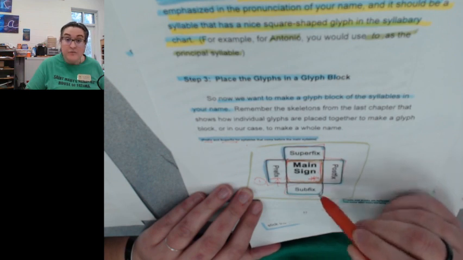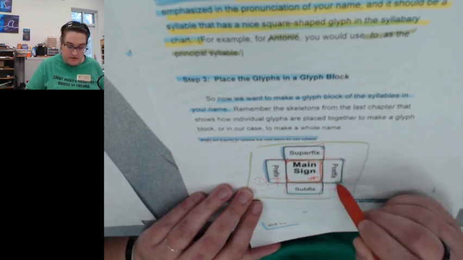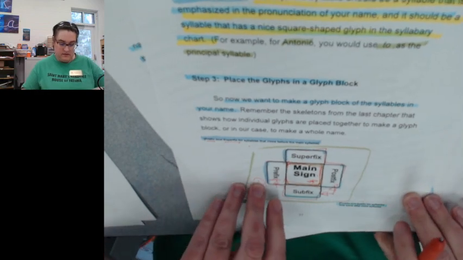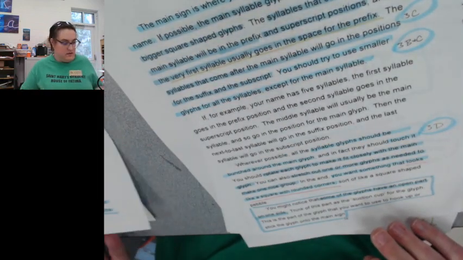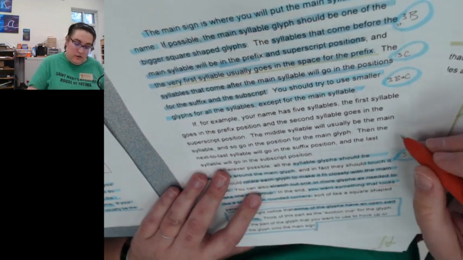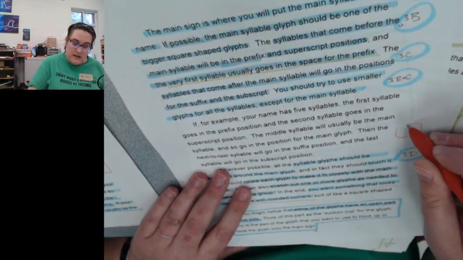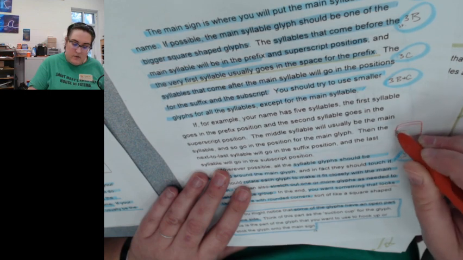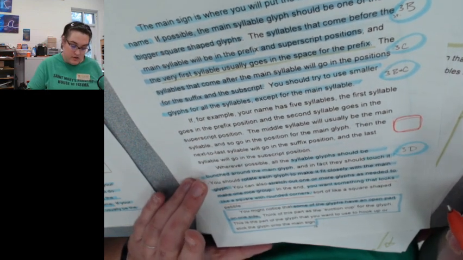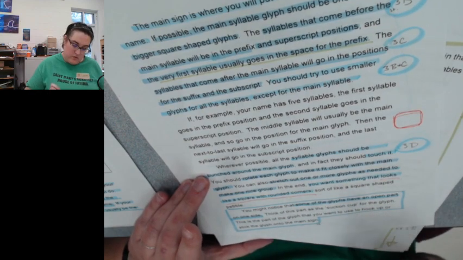Anything that comes after the main syllable goes in either the post or suffix positions. You're going to try to make it look like a big rounded rectangle or square when you get it all together. So everything's going to touch. It's going to look like a square with rounded corners.